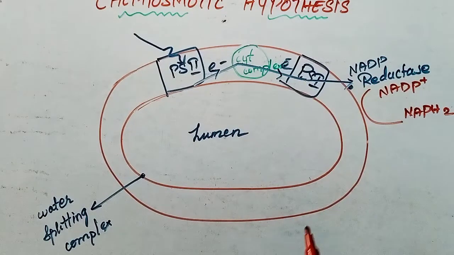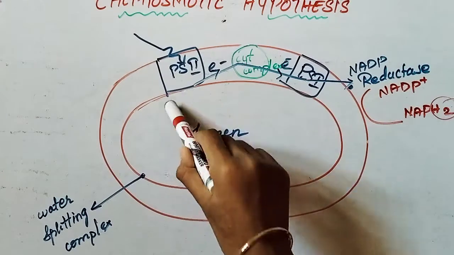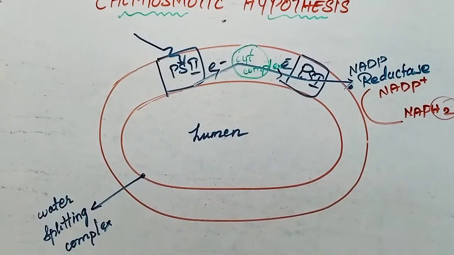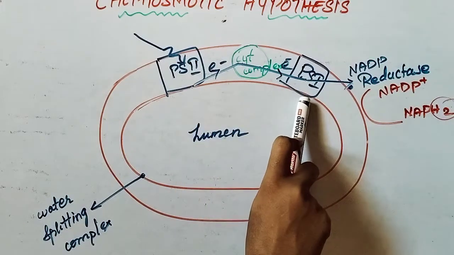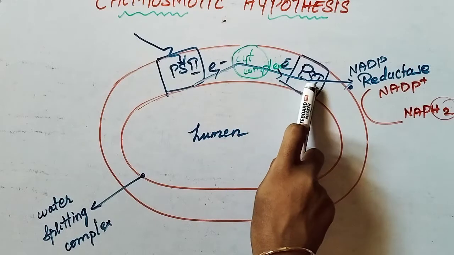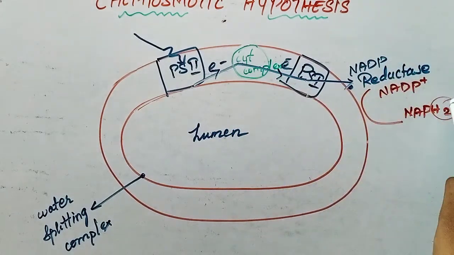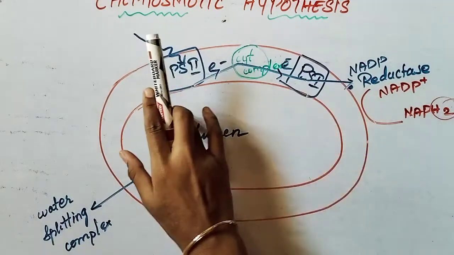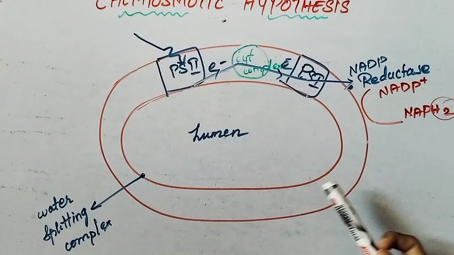Now where this hydrogen comes from, that we will see now. That is the chemiosmotic hypothesis. In cyclic or non-cyclic photophosphorylation, electrons are excited from PS2 and PS1, the carrier cytochrome complex carries the electrons to PS1, and this electron again jumps to NADP reductase and NADPH2 forms. This is the process of cyclic or non-cyclic photophosphorylation.